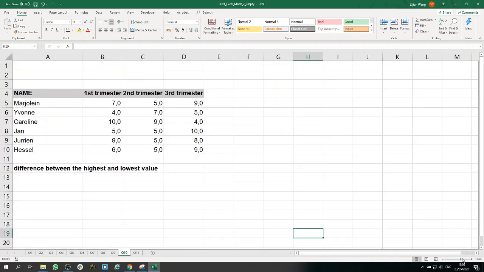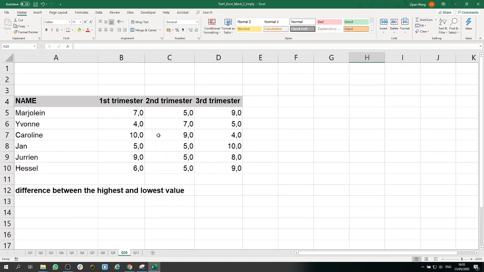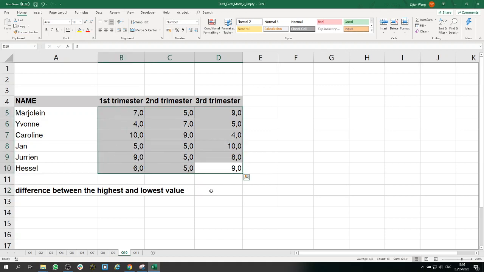Question 10, again, we have the list of grades, but now we want to know the difference between the highest and the lowest value. And I assume they are talking about the whole 3 trimesters. We want to find the highest grade of all the data and the lowest grade. That involves, of course, MAX, because we want to find out the highest, and then the MIN.